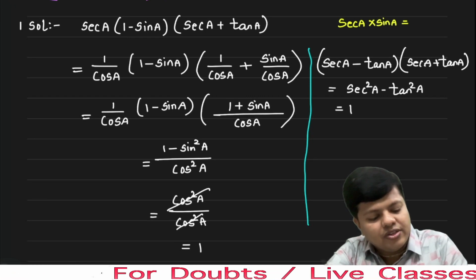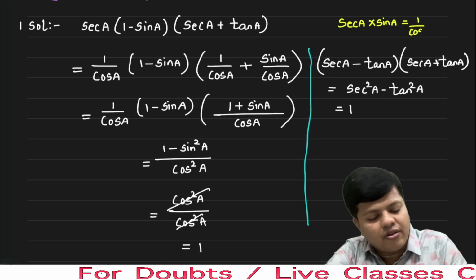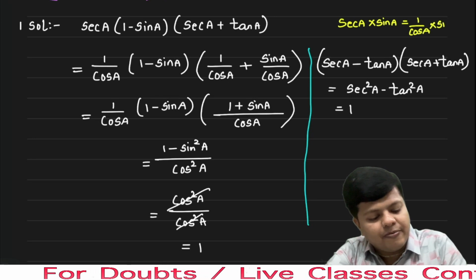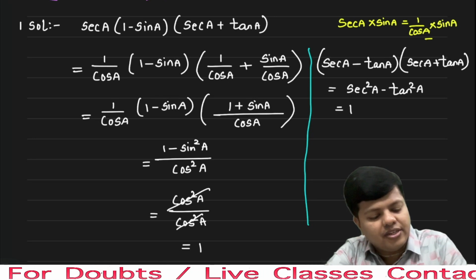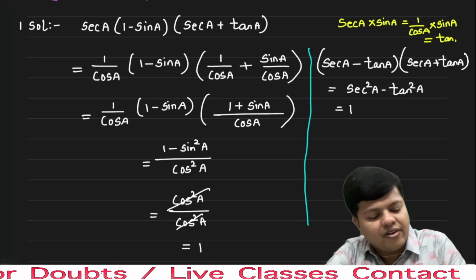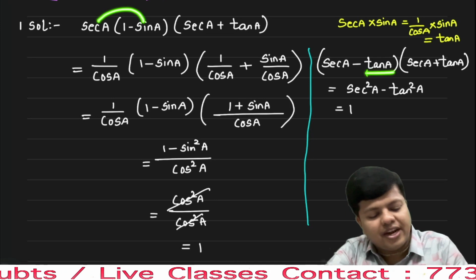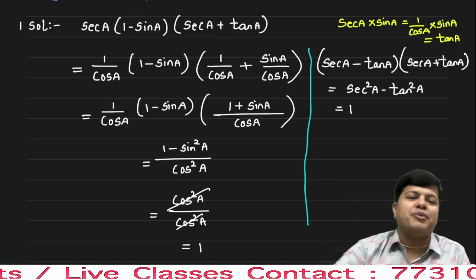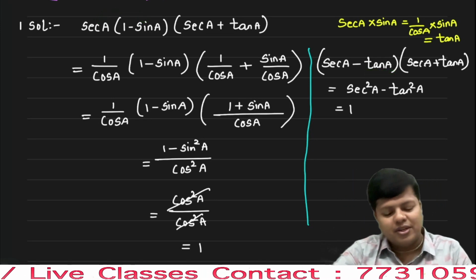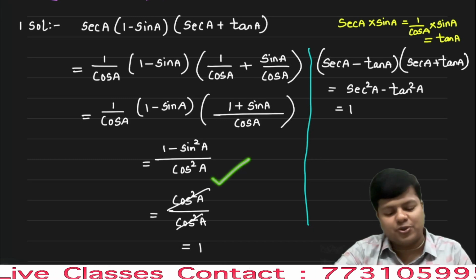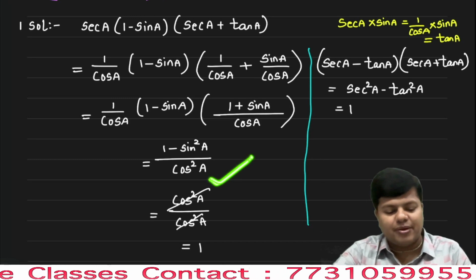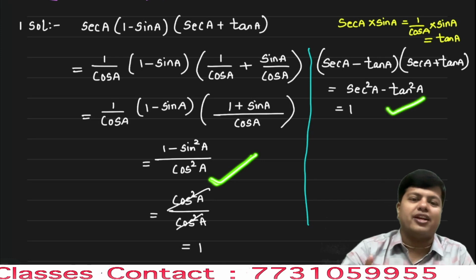Secant A is 1 by cos A into sin A, so sin A by cos A is tan A. And A plus B into A minus B, like this also you can do. This way which I explained is shown in the example. These are the steps, or you can do this. Both are correct, both are valid.